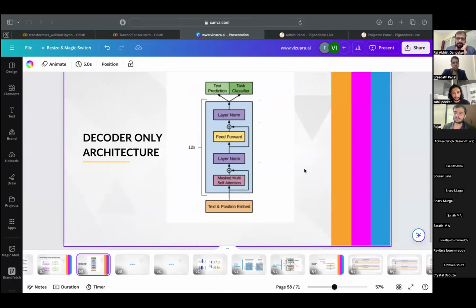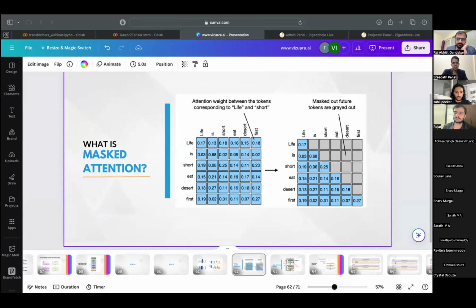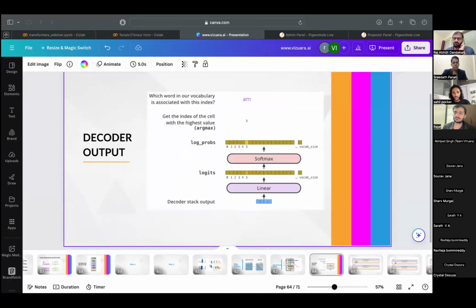In the end, you have this final linear layer, which gives you these logits output. Then you run it through a softmax so that you get the output probabilities. So you just distribute it and get some values. Let's say you have "natural language" and the next word you want to predict is "processing." Ideally that will have a high value.